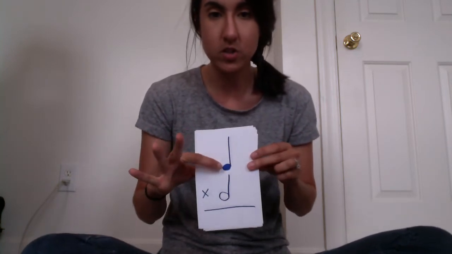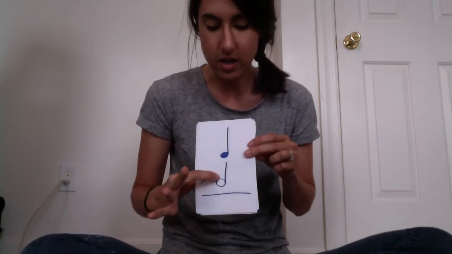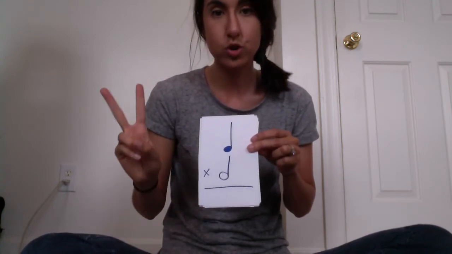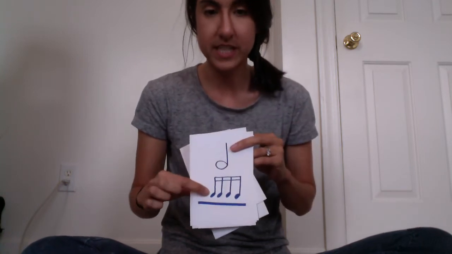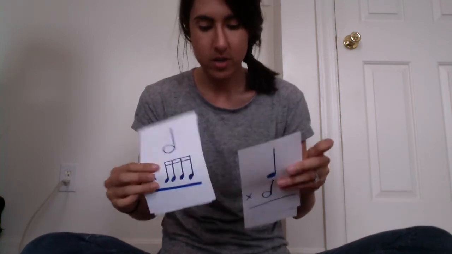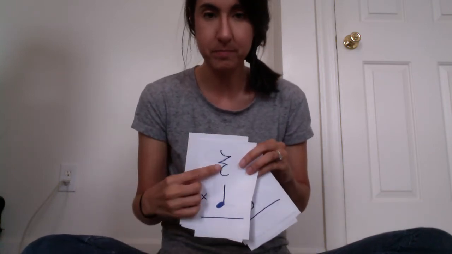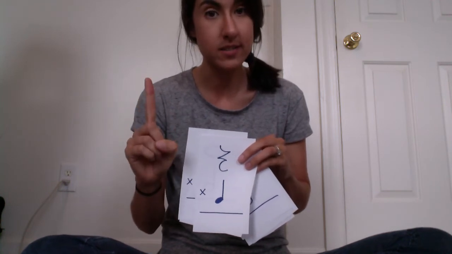How many beats does ta get? 1. Ta, half note, 2 beats. Here's a new one. Tika tika, 1 beat. Don't say 4, you're not going to get the right answer. It's just 1. Ooh, how about him? How many beats? 1 beat.